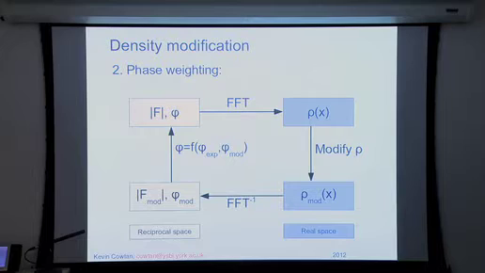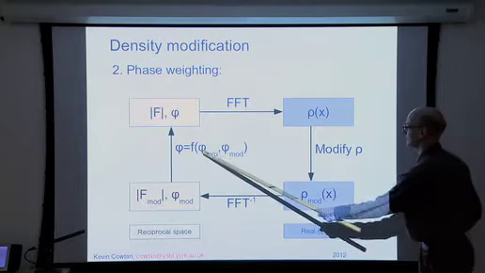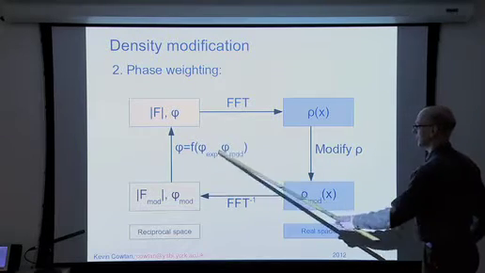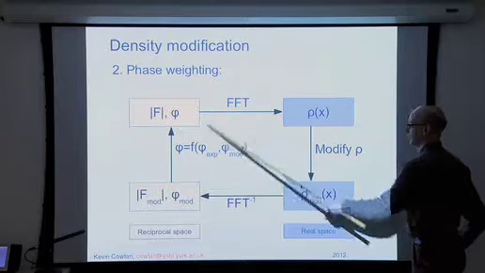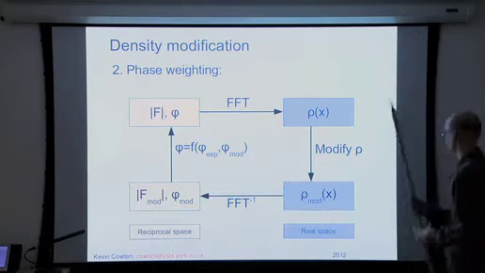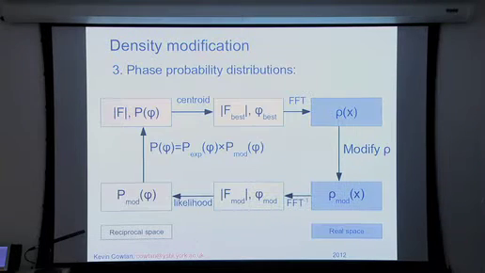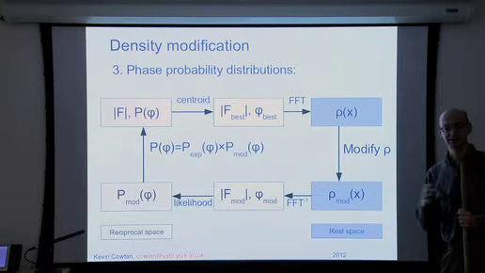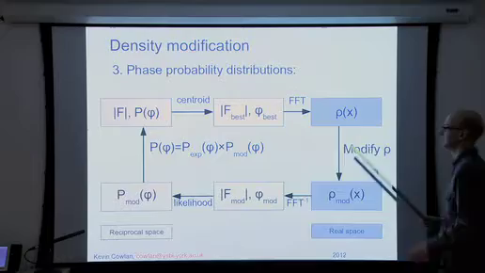In practice, we're a bit cleverer. We use some sort of combination of the experimental and the modified phase. Now, I mentioned that we're really dealing with phase probability distributions, not individual phases.